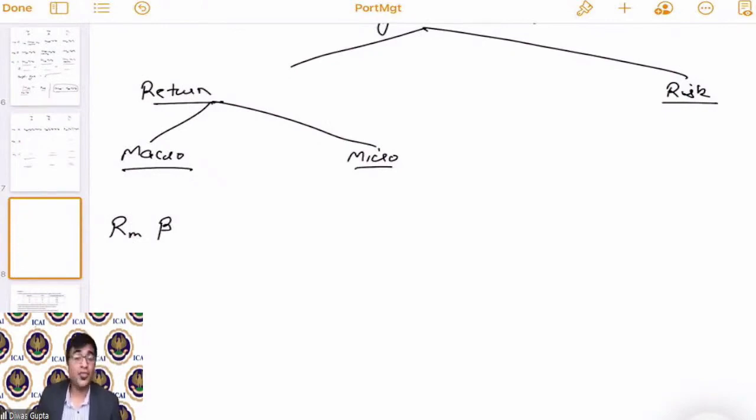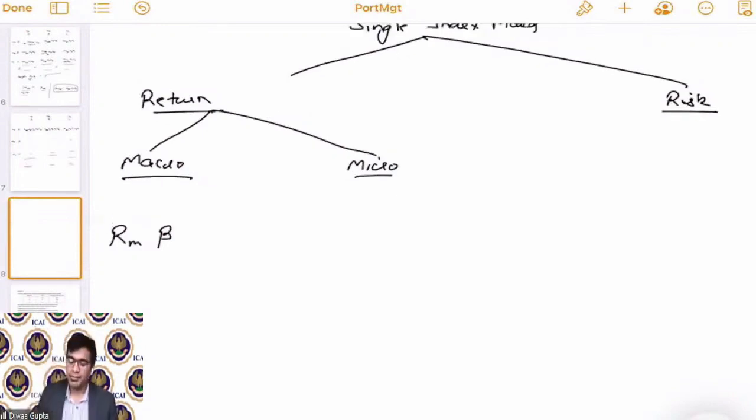See, in the previous session we studied what beta is. Beta is the sensitivity of returns of a particular security in relation to that of the market. We have also studied that if beta is 2, that means if the market fluctuates by 1%, the particular security will fluctuate by 2%.